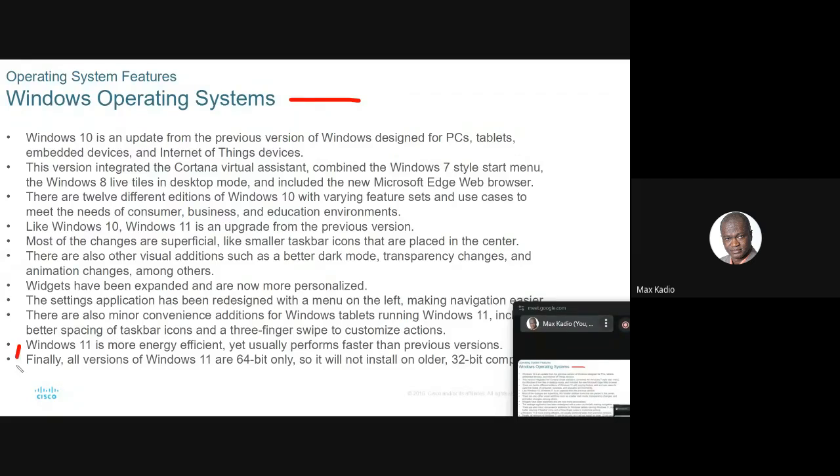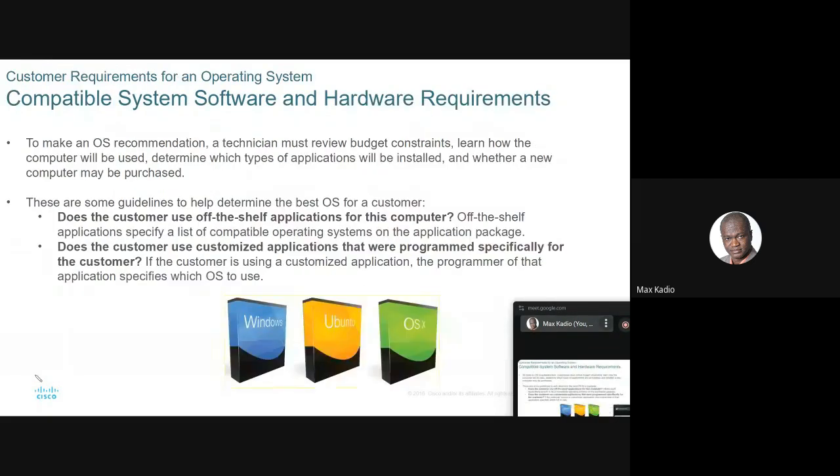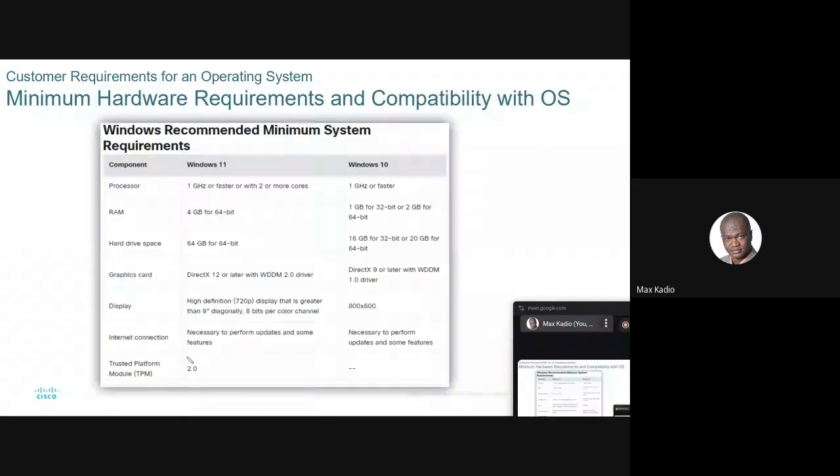Nowadays, we are using Windows 11. We have different types of operating system. We have Windows, Linux, Apple. And the requirement, you cannot just install something like that. You must make sure your PC does support your system.